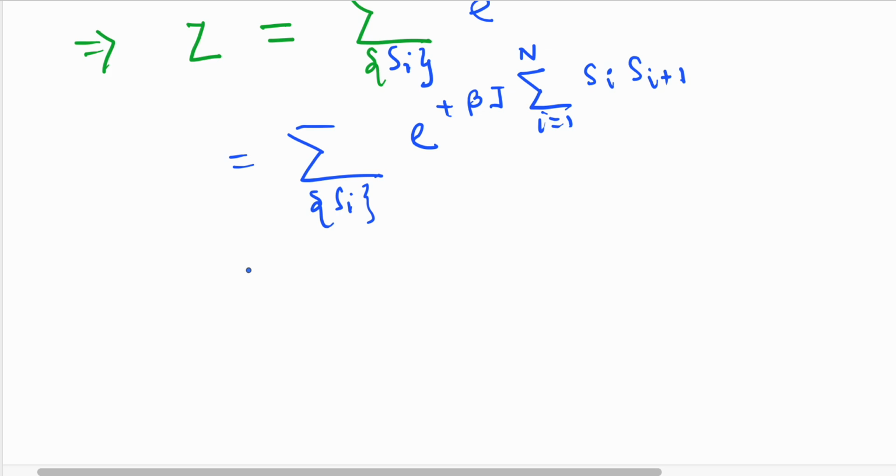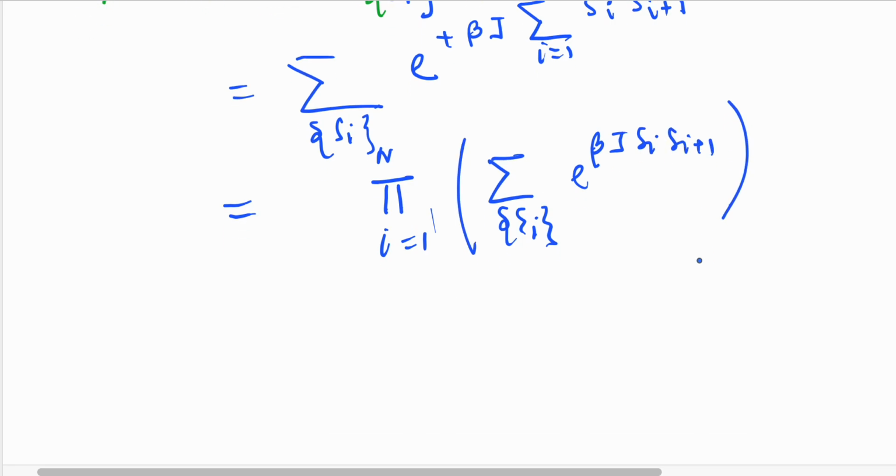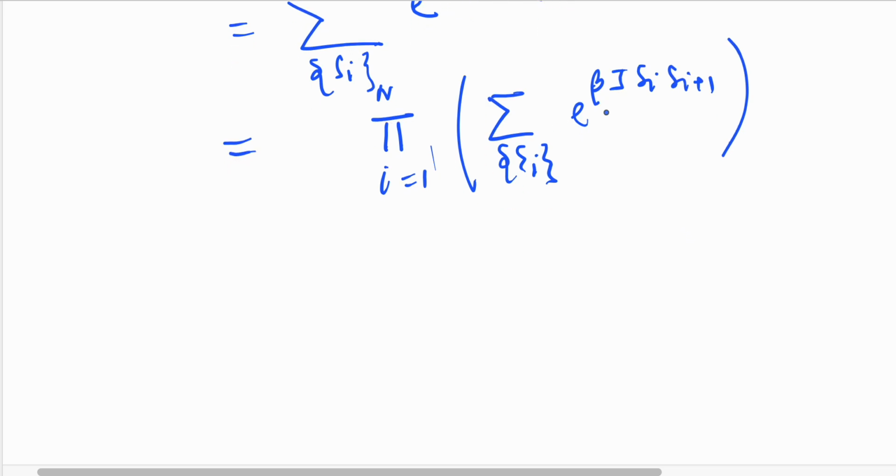Now we can do one thing, the multiplication first, then summation, or first summation then multiplication, and we get e to the power beta J S_i S_(i+1). Since S_i can take values only plus or minus 1, for i equal to 1 to n, let's put the values.